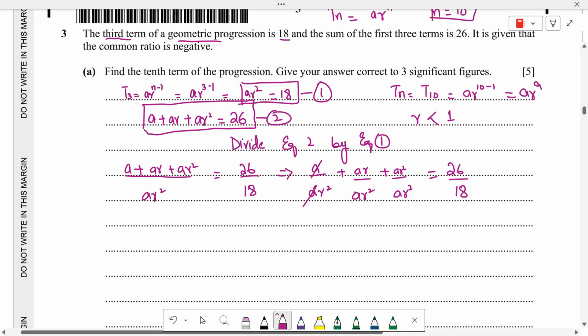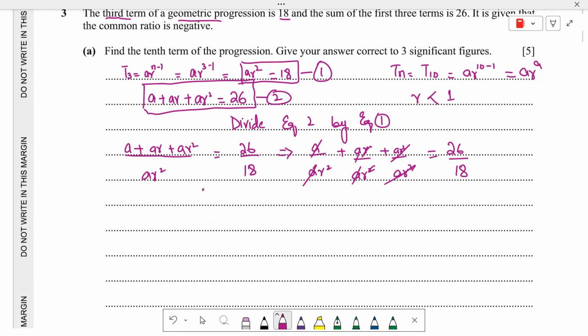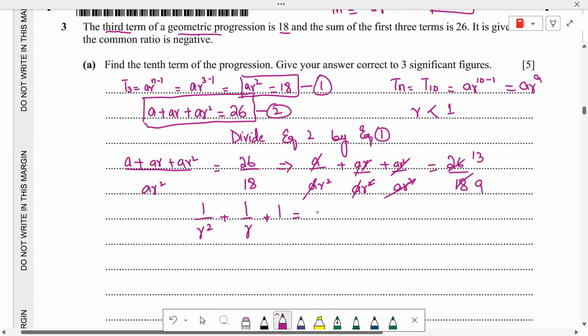Here a and r will cancel out, and ar square will cancel out. So we will have 1 over r square plus 1 over r plus 1 equals, after simplifying 26 over 18, 13 over 9.